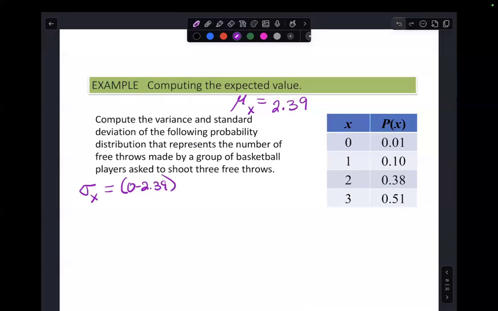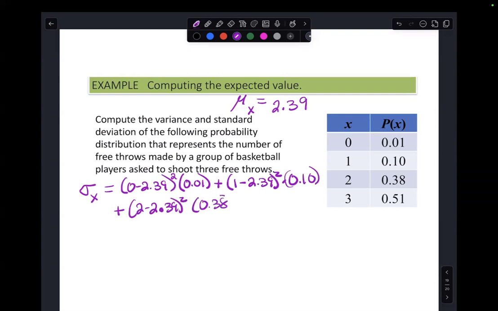Squared, that's an ugly squared, times 0.01, plus 1 minus 2.39 squared times 0.10, plus 2 minus 2.39 squared times 0.38, plus 3 minus 2.39 squared times 0.51.